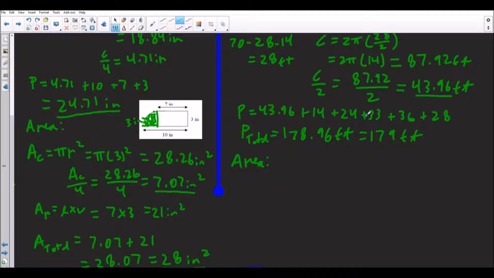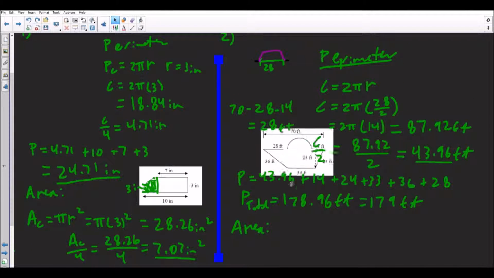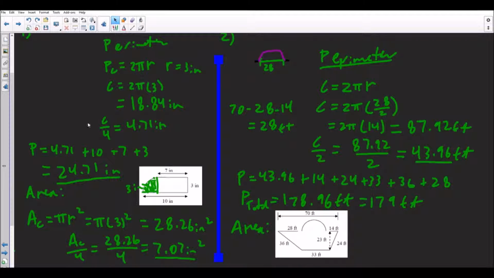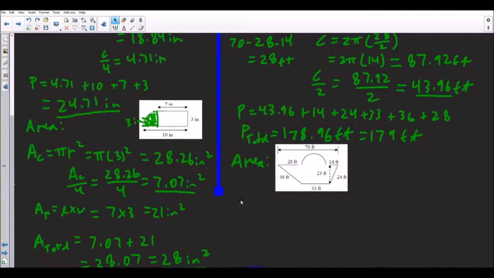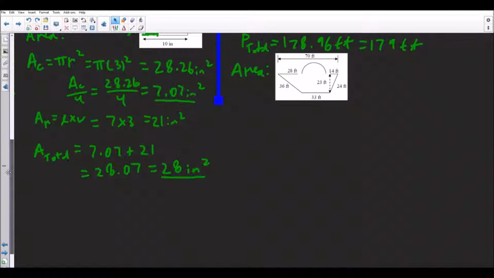So for the area, we still have, and let me drag this picture down. So for the area, we have a trapezoid with a half of a circle. Okay, let's do the circle first. So the area of a circle is just equal to pi r squared.